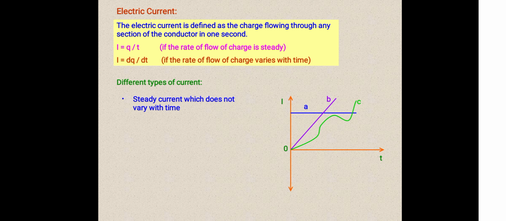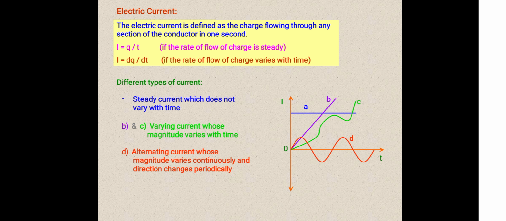Next, we discuss the B and C curves here. One graph B is a straight line passing through the origin, and another graph C is a curve. Here B and C are currents whose magnitude varies with time. Now D, another graph.